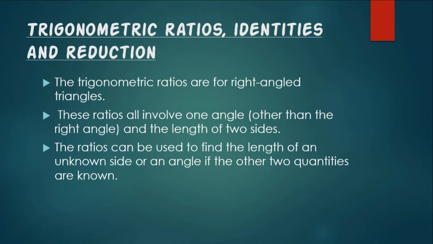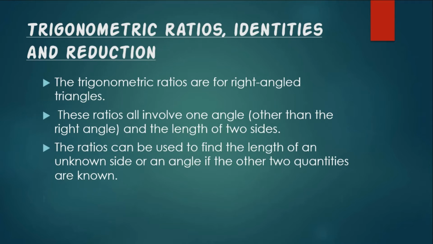Meaning if you want to use them, you must know two quantities. We have one angle and two sides, meaning we have 3 quantities. So if you want to use the trigonometric ratios, you have to know 2 quantities of the 3.